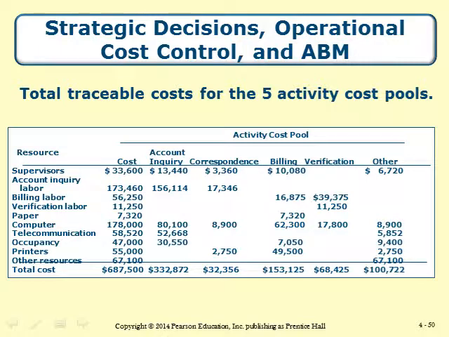So based on all of the activities and steps we just talked about, we can take their total cost, which amounted to $687,500 in that first column, and then allocate that out across the different activities that are involved in that, such as account inquiry, correspondence, billing, verification, and others. And then, based on a cost base, assign each of these activity cost pools as a cost to a particular cost objective.